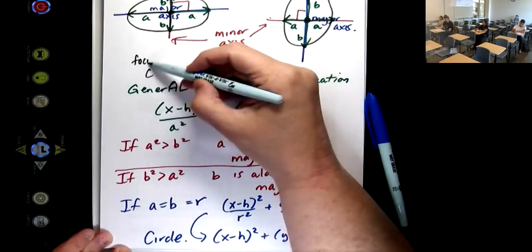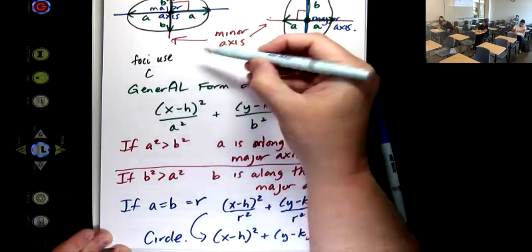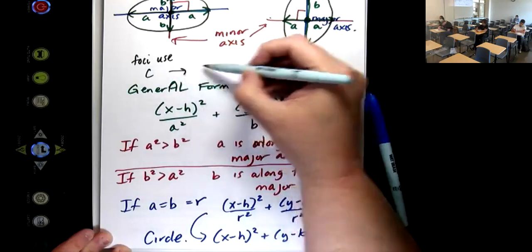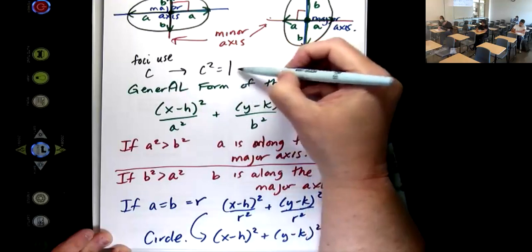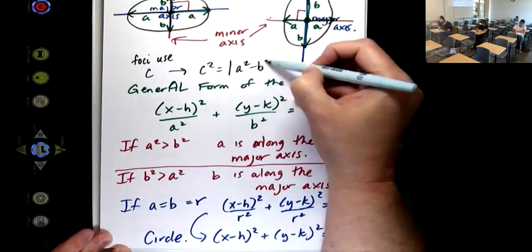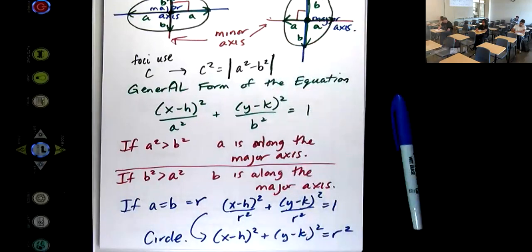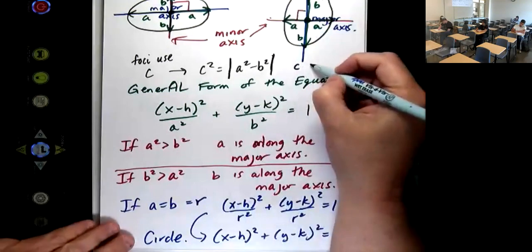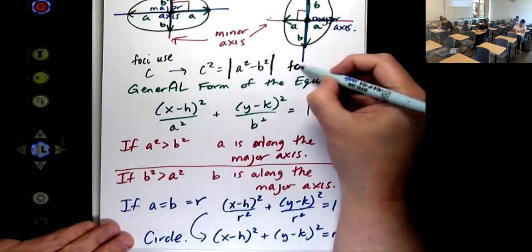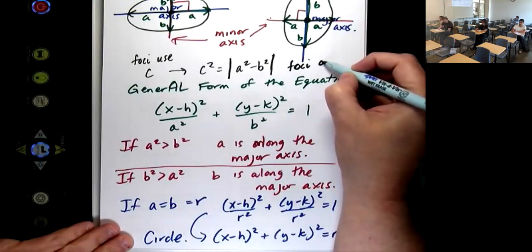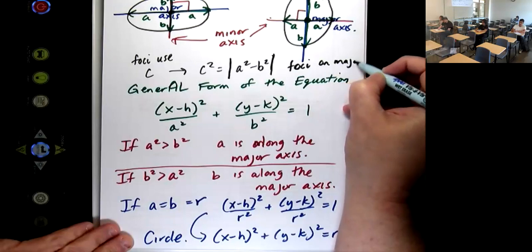Foci use C. And C squared is the magnitude of A squared minus B squared, the absolute value. And the foci are always on the major axis.